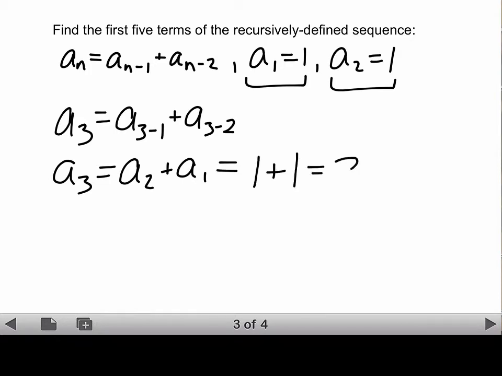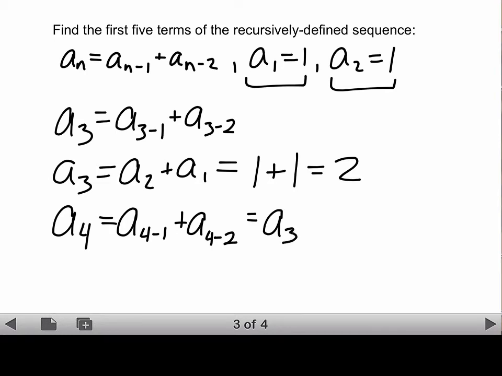So a sub 3 is equal to 2. A sub 4 is equal to a sub 4 minus 1 plus a sub 4 minus 2 if you like. But if you're kind of catching on to the pattern here, you can see that a sub 4 is really a sub 3, the previous term, plus a sub 2, the term before it.